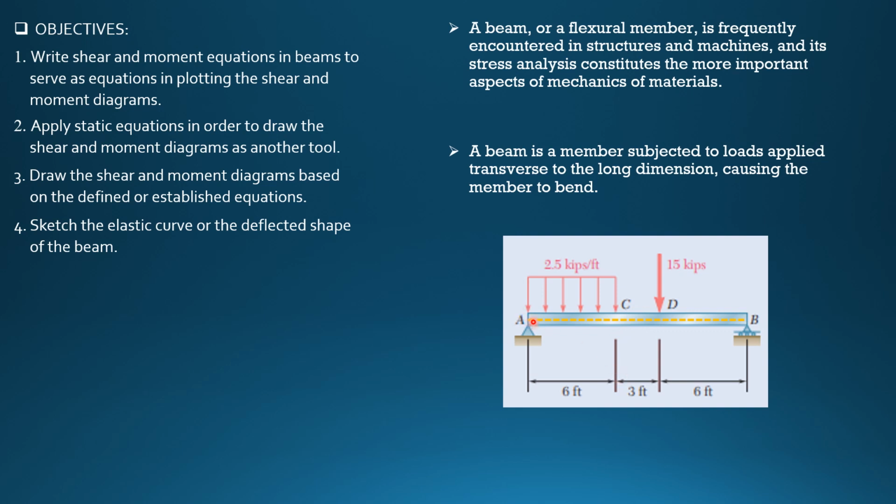So if this is the neutral axis of the beam, the orange colored dashed lines, then because of the effect of this loading, it will deflect as shown. Of course, this is a highly exaggerated deflection. This will now be the neutral axis, and it is exaggerated for the purpose of visualization so that you can analyze deflections and rotations in the next chapter or topics.